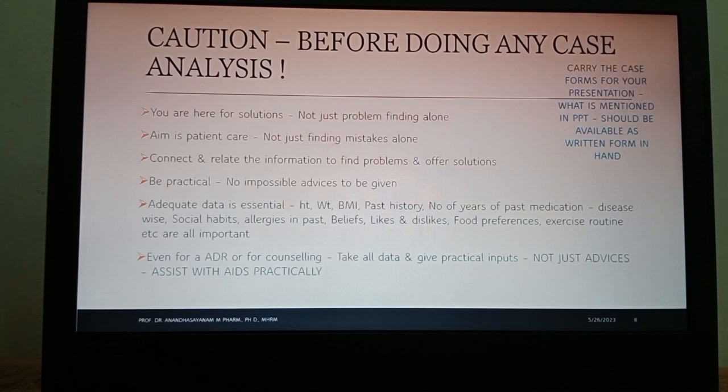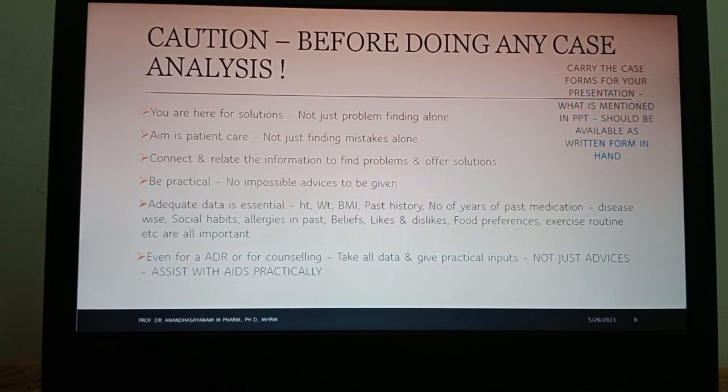So even for an ADR or for counseling, take all the data, give practical inputs, not just advices. Assist with aids practically, in the sense how they can implement it, how you can monitor it, how you can mentor them to follow those things and come out of their particular problem which they are facing, right? We are seeing that only when the SOAP of the cases are taken, we take all the details.